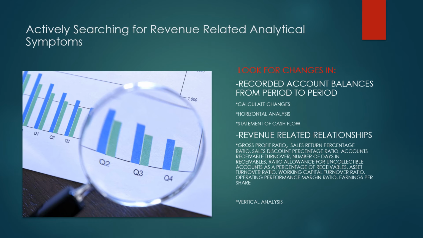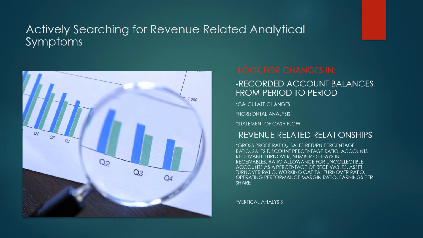This is why we need to look for changes in recorded account balances from period to period, meaning recorded amounts from one period can be compared to recorded amounts from another period by calculating changes using horizontal analysis and studying the statement of cash flows.